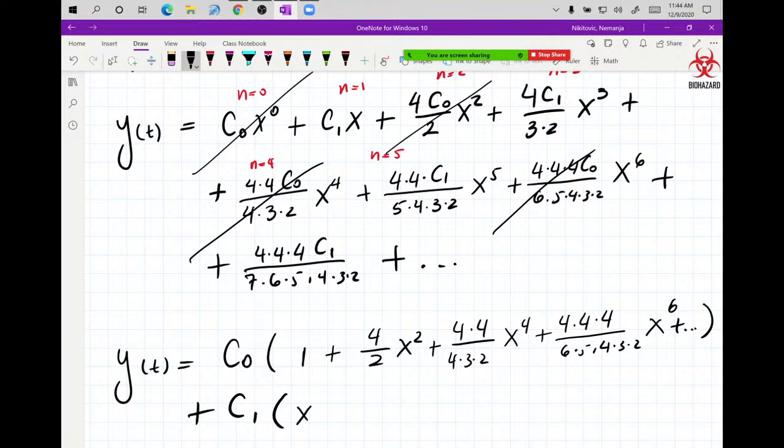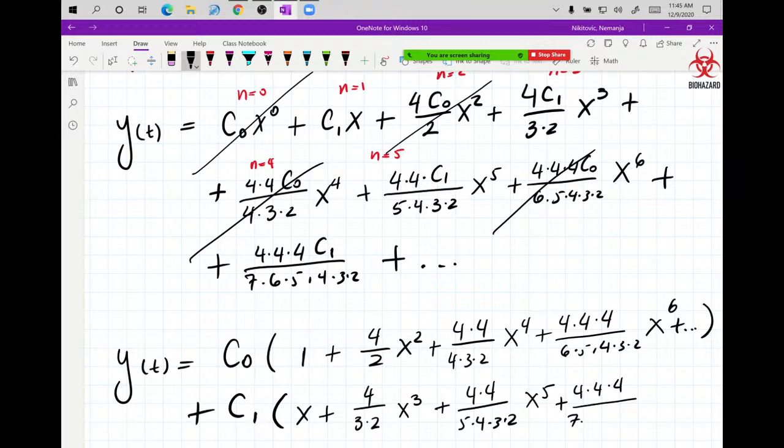What next? The next thing is to write x plus 4 over 3 times 2 x cubed plus 4 times 4 over 5 times 4 times 3 times 2 x to the 5 plus 4 times 4 times 4 over 7 times 6 times 5 times 4 times 3 times 2, and then you have x to the 7 plus dot dot dot going forever.